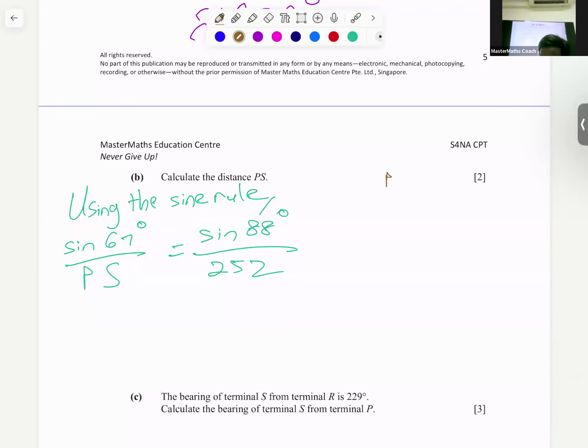Question, can I write like that now? PS over sine 67 degrees equals sine of 88 degrees over 252. Can I write like this? Why?